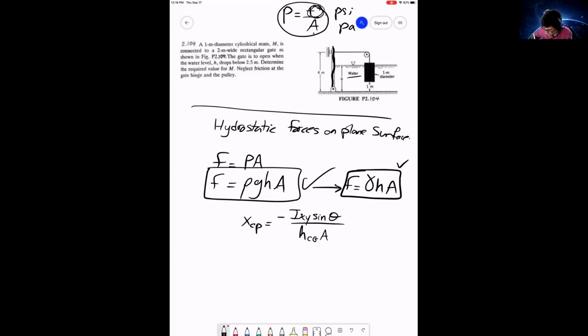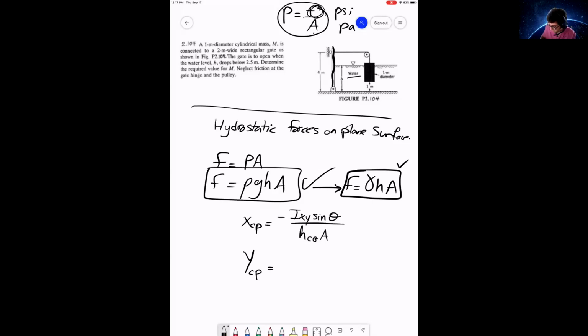Okay, here's the formula for XCP. That's the x coordinate of the center of pressure. Now we have x and y, so we need YCP.